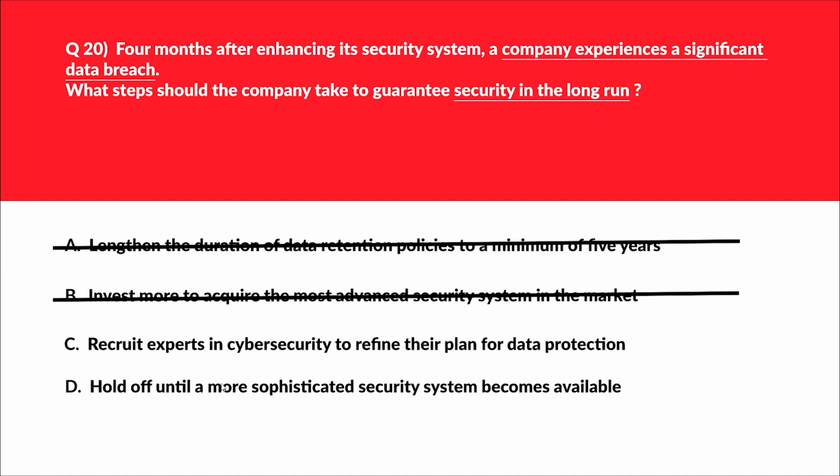Waiting for a new system does not address the immediate security concerns. Moreover, it will cause unnecessary delay in improving the current security system, which the company is already having problems with. Therefore, D is out. We are left with option C, and it is the correct answer.